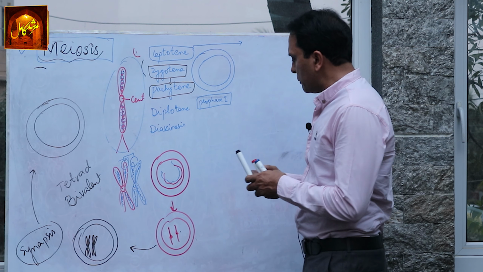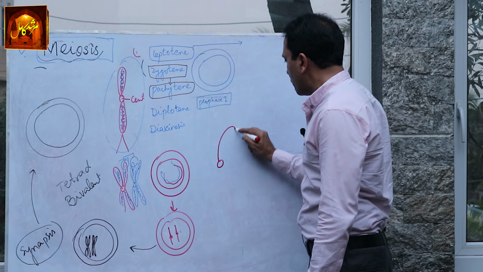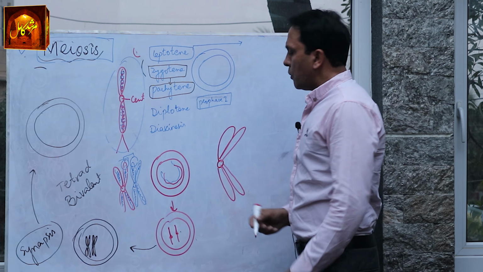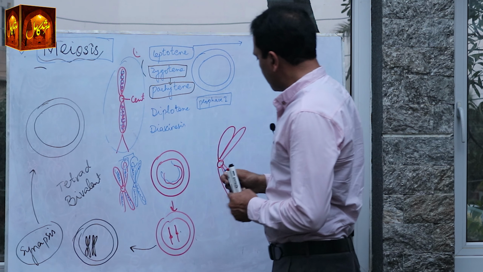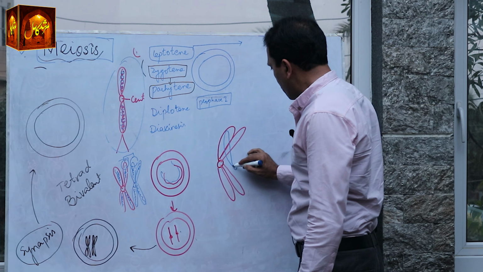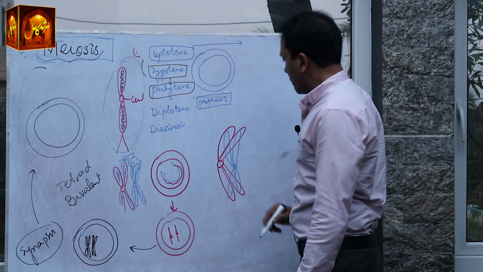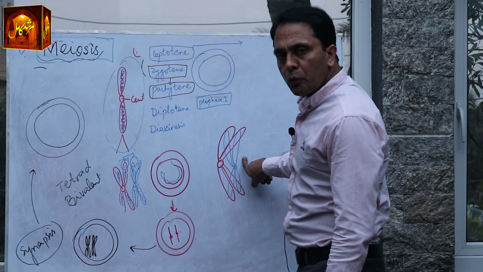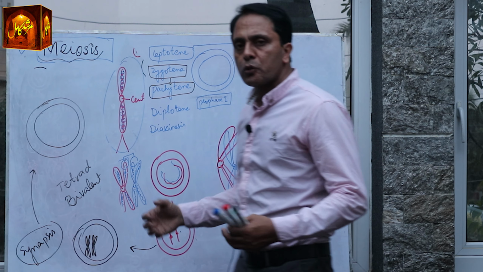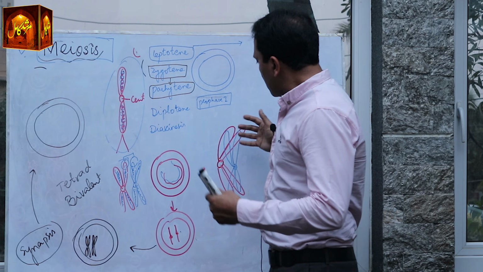How will they overlap? Like this is a chromosome from the maternal side, and this one is a chromosome from the paternal side. So the maternal and paternal chromosomes start overlapping, and their chromatids start overlapping.